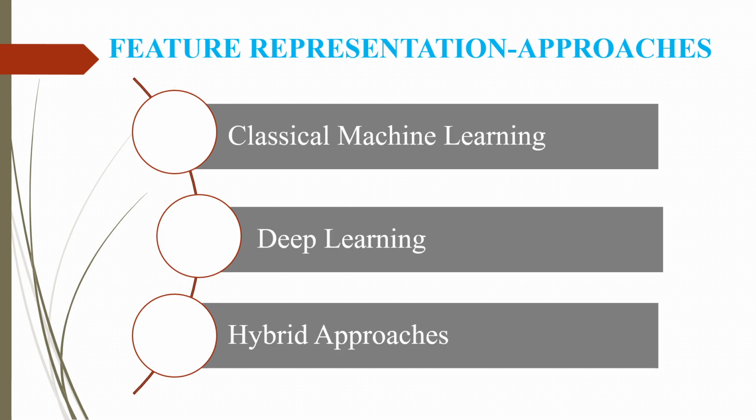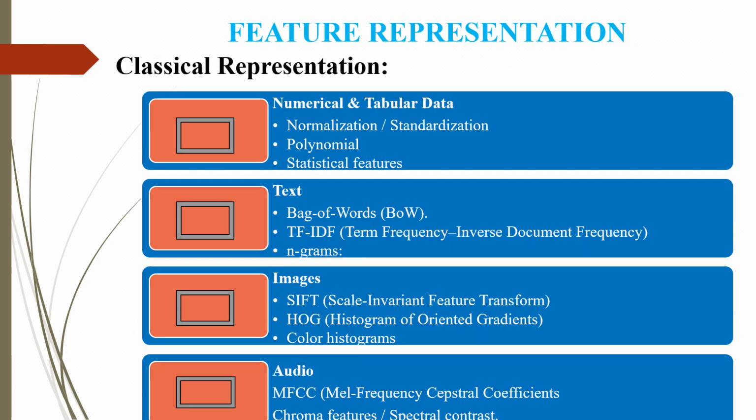First, let us see what approaches we have for feature representation: classical machine learning, deep learning and hybrid approaches. So what are the classical representations of data? Numerical or tabular data: we can normalize the data using normalization or standardization techniques, polynomial features, statistical features.